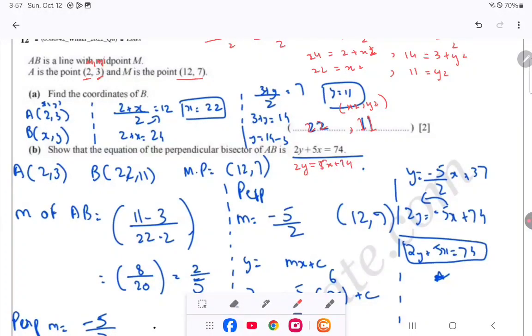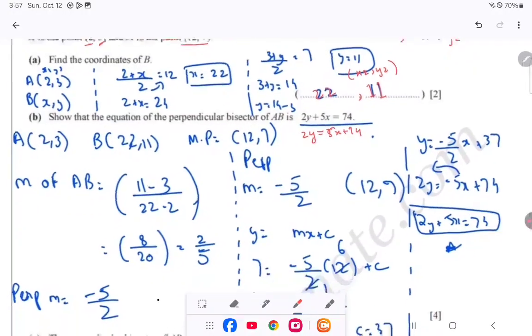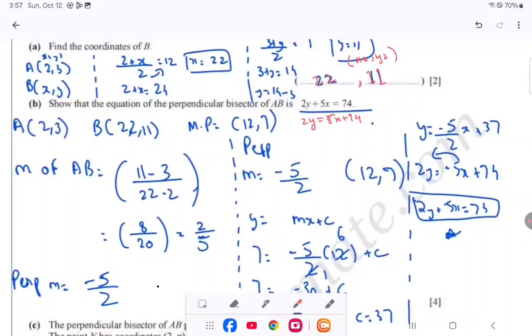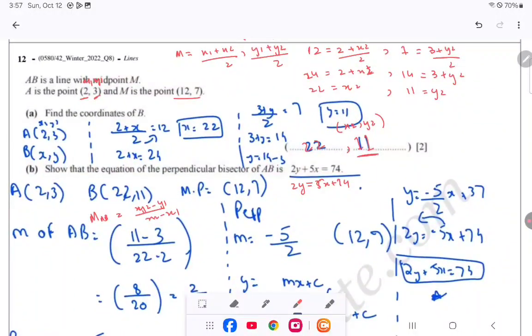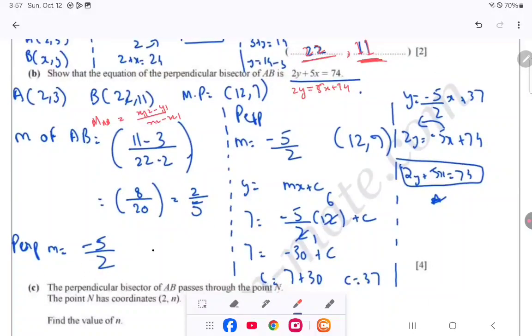Now first we have to calculate the slope of the line AB. The slope of AB is y2 minus y1 over x2 minus x1. Now y2 is 11, which we just calculated, y1 is 3, and x2 is 22, and x1 is 2. So the slope is 2 over 5.